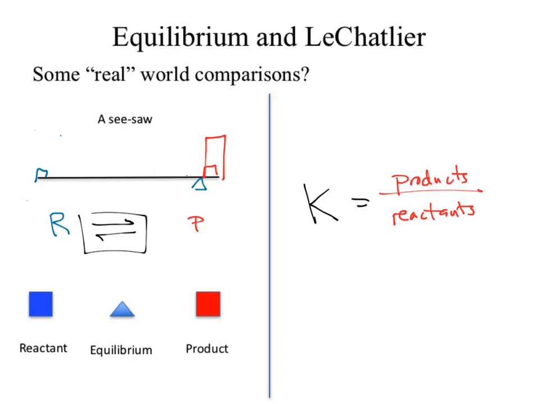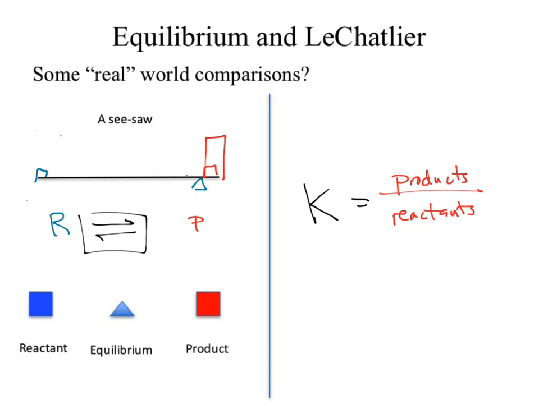So now that I've got this expression, I can look at K values to understand something about that chemical reaction. The K value is telling me where that fulcrum is located. In this case, I want the fulcrum located as far to the right as possible so that I get a large amount of products and a tiny amount of reactants. What would my K value be expected to be?